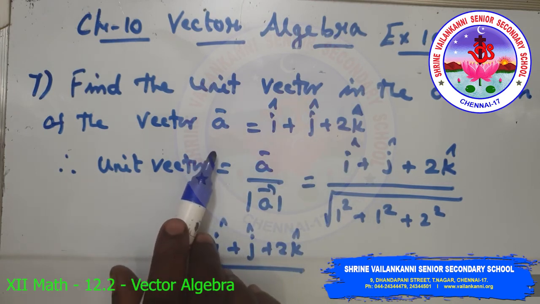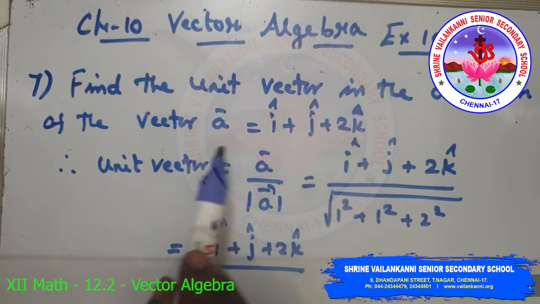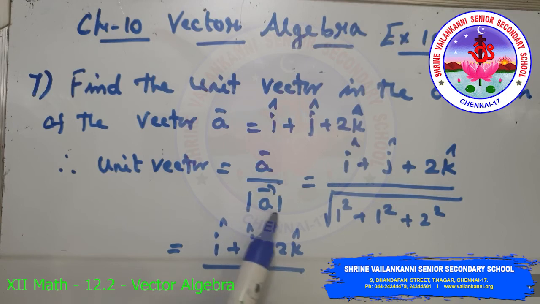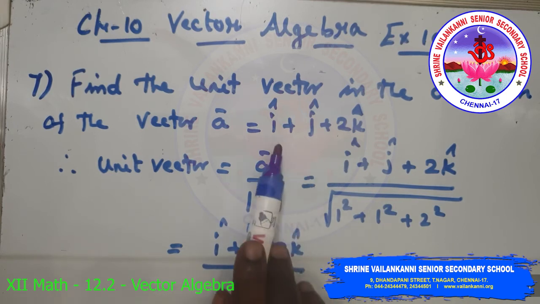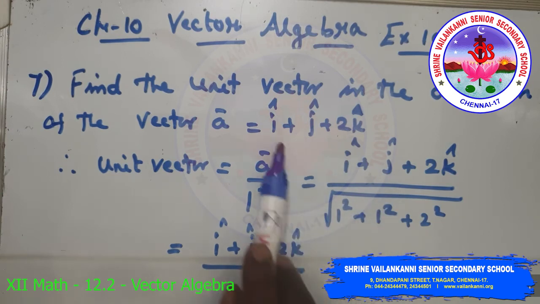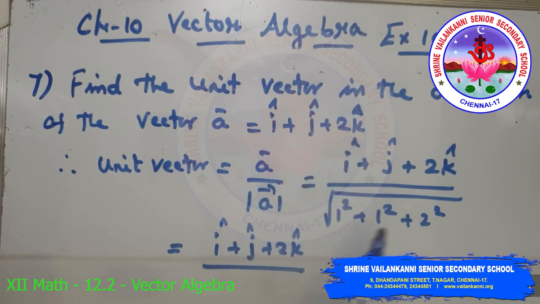Therefore the unit vector in the direction of A is vector A by magnitude of A, which is (i plus j plus 2k) by the square root of 1 square plus 1 square plus 2 square, that is (i plus j plus 2k) by root 6, which is equal to 1 by root 6 into i plus 1 by root 6 j plus 2 by root 6 into k.